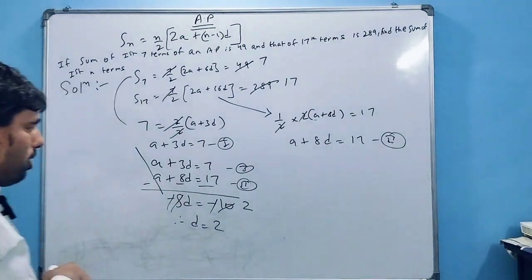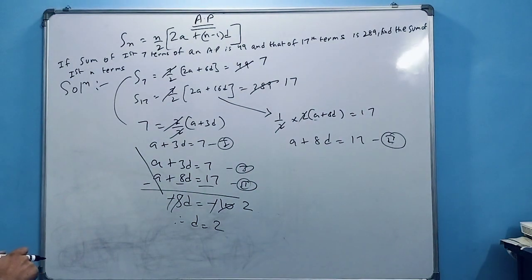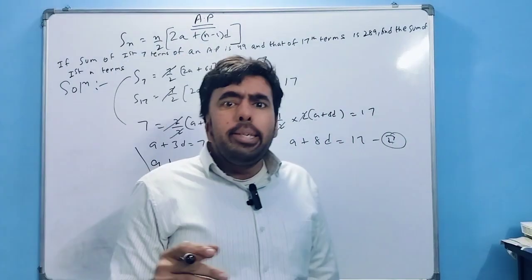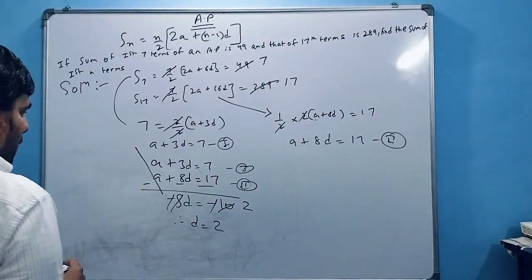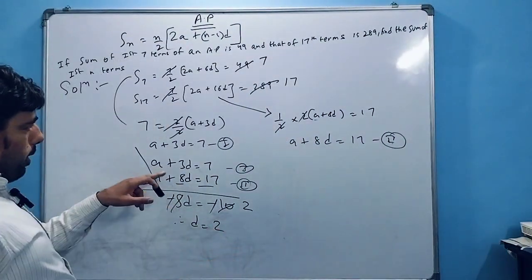Now we'll try to find the value of a, so that we can easily find the sum of first n terms. We have to put the value of d in any equation.